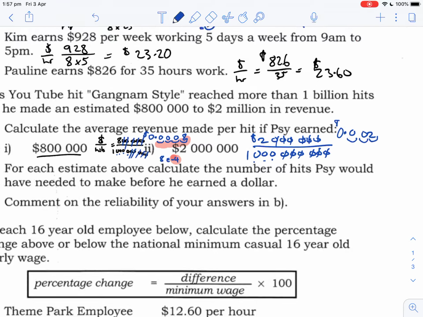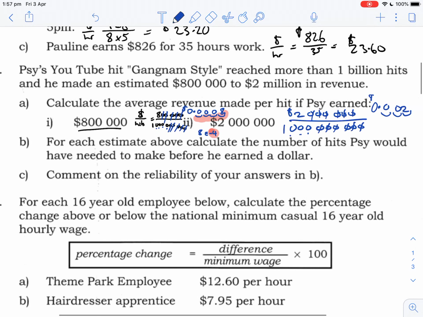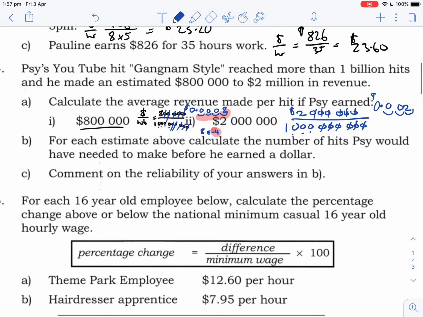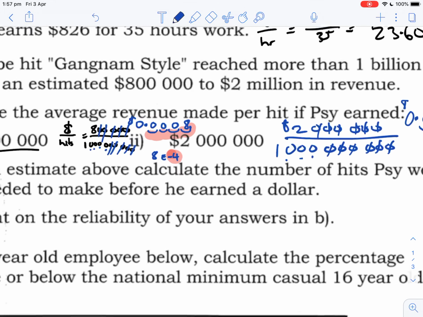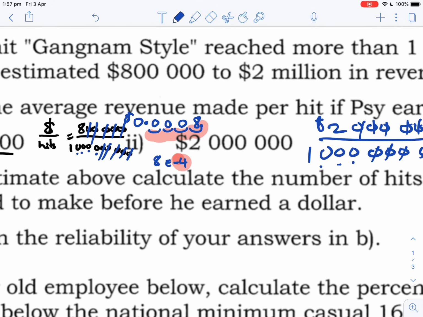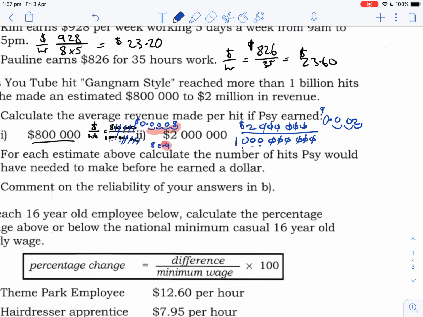So for each estimate above, calculate the number of hits he would have needed to make before he earned $1. So if he was earning 0.0008 dollars per hit, how many would he need to make $1? So mathematically what we're saying is, how many hits times the 0.0008 would have equaled that $1.